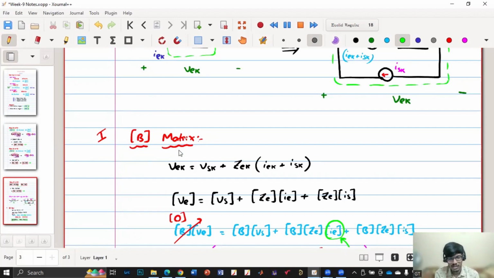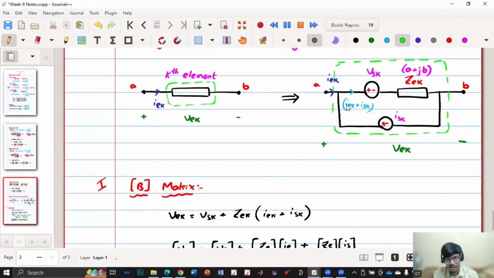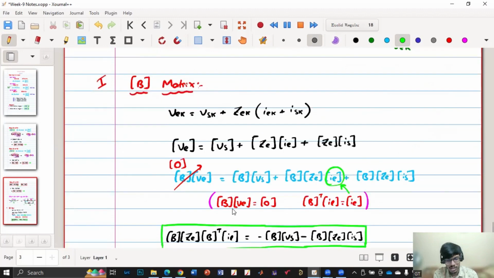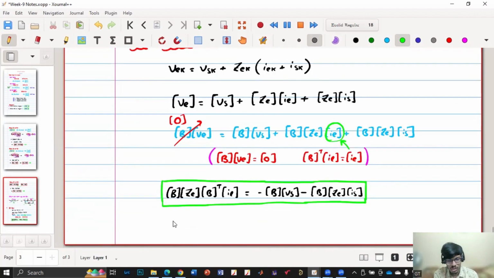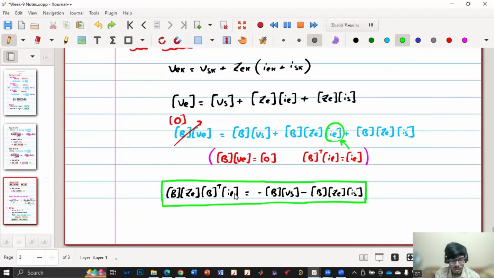For any given such network, first we'll get the B matrix, and then we will multiply it by the B matrix to get in this form, and then we'll solve this matrix to get IE. Then using that, I will get VE. So is this point clear? How we are using B matrix? Yes, sir.